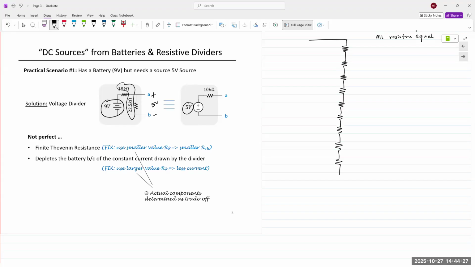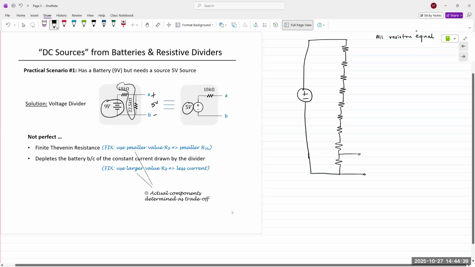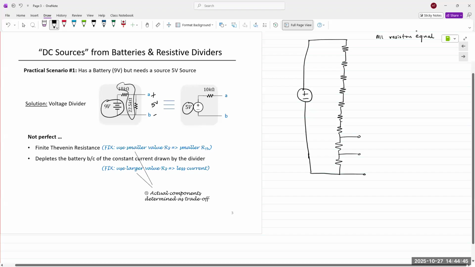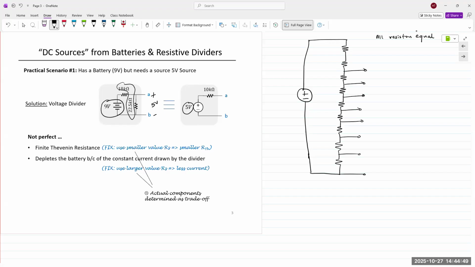And then connect our 9-volt source to those resistors. If they're all equal in value, then the 9-volt source will break up into 9 equal parts. So every resistor is going to have 1 volt across itself, measured directly across the resistors, okay?